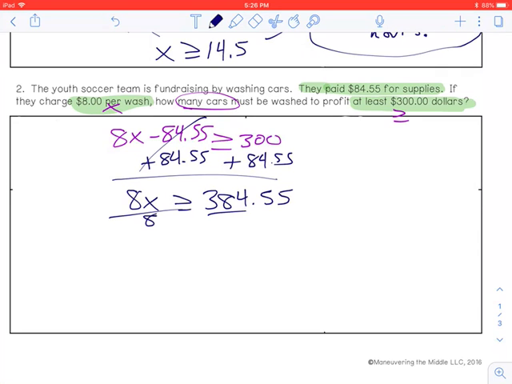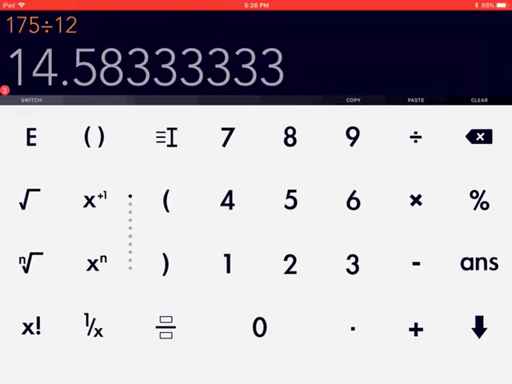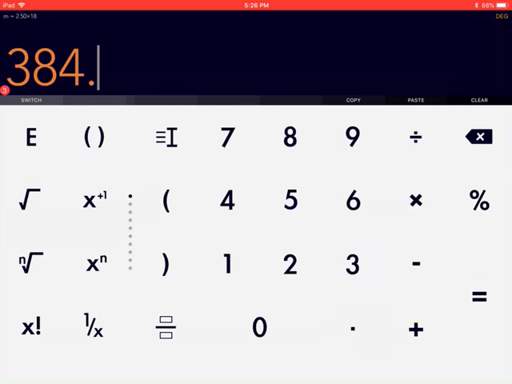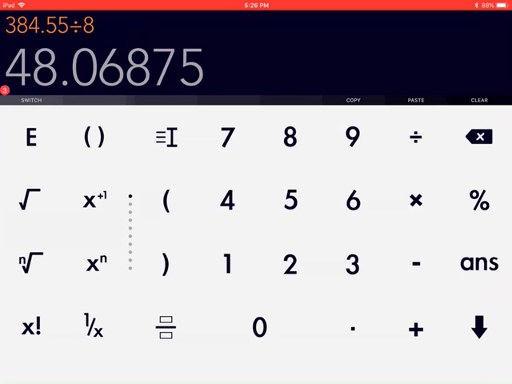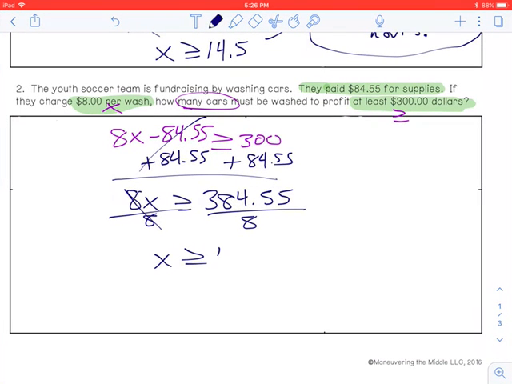And so when I divide by 8, I get X is greater than or equal to $384.55 divided by 8, 48.07. So a little more than 48. So it's got to be greater than or equal to 48.